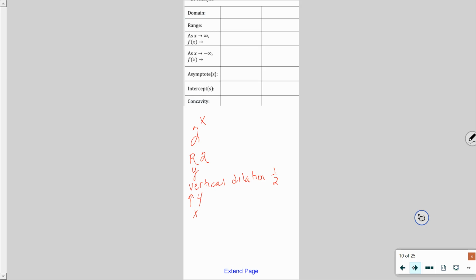Yeah, that one's not a bad graph. So write the new function, sketch it, analyze it.